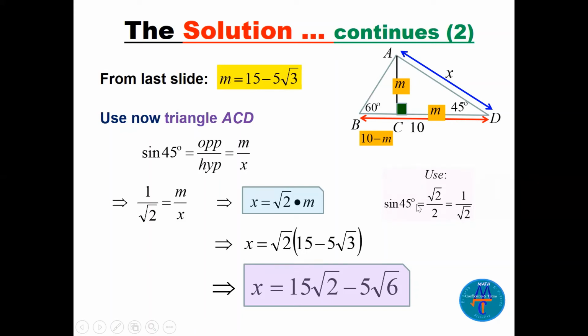We can write sine 45 degrees as square root of 2 over 2 or 1 over square root of 2, because this is the same value. So I will use the easy one here, sine 45 degrees, 1 over square root of 2. Cross multiply, so we get x equals square root of 2 times the m. The m is there up here, 15 minus 5 square root of 3. So let's multiply. So x will be 15 square root of 2 minus 5 square root of 6.